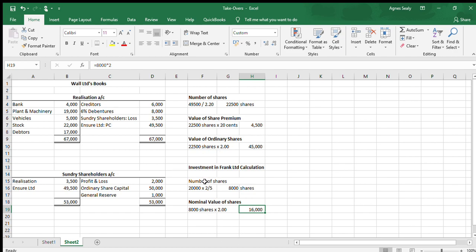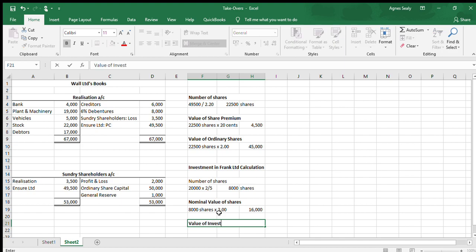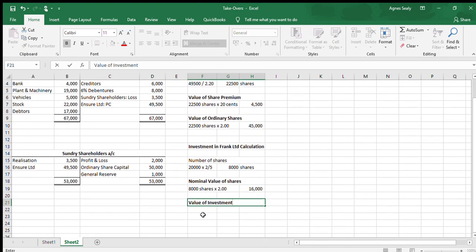They didn't ask us for this, but we can also calculate the share premium, because if we wanted to calculate the share premium, what we need to calculate after we calculate the nominal value of shares is the value of the investment. So the value of the investment in Frank Limited would be the $16,000, multiplied by 130%.